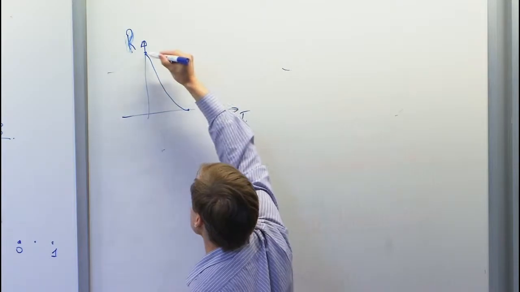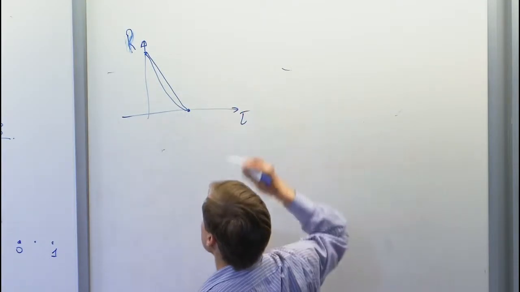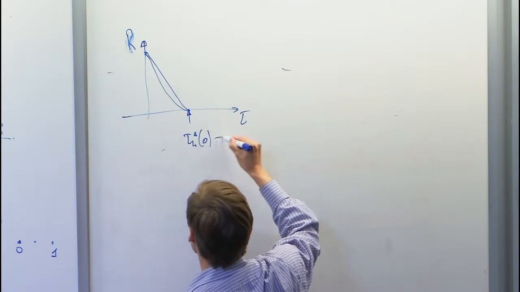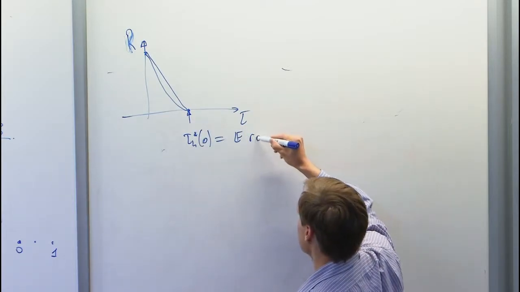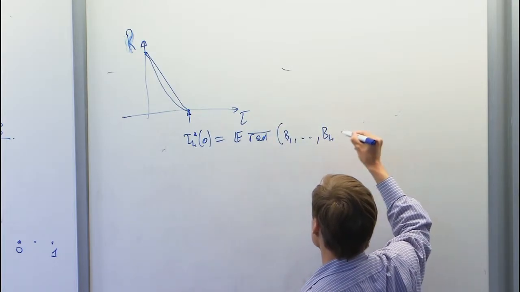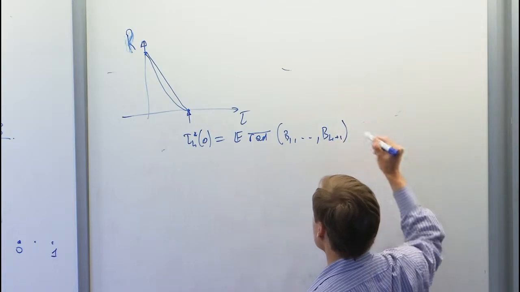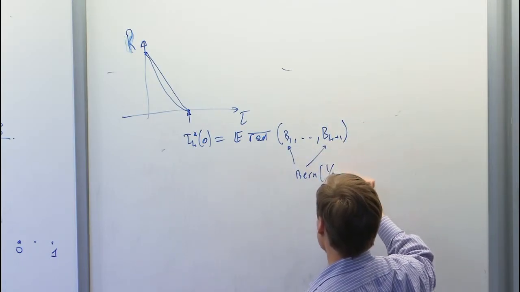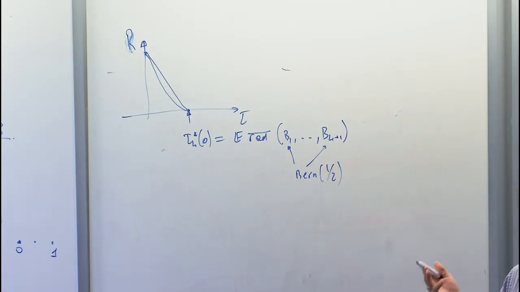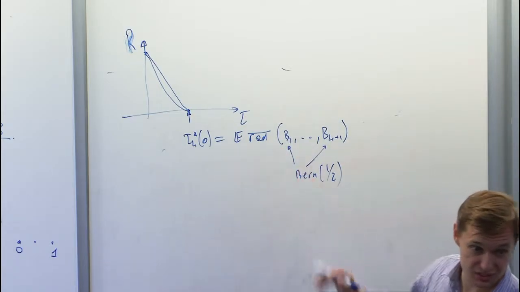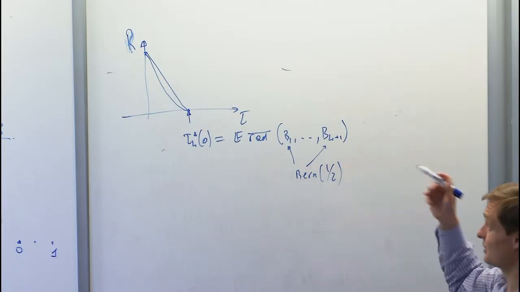The bounds look like this, and the point tau L star at 0 is something like the expected average radius of B1 up to B L+1, where these are Bernoulli 1/2. This is just what Blinovsky proved. Hopefully I'll get to the point where you will see why something like this should be true.